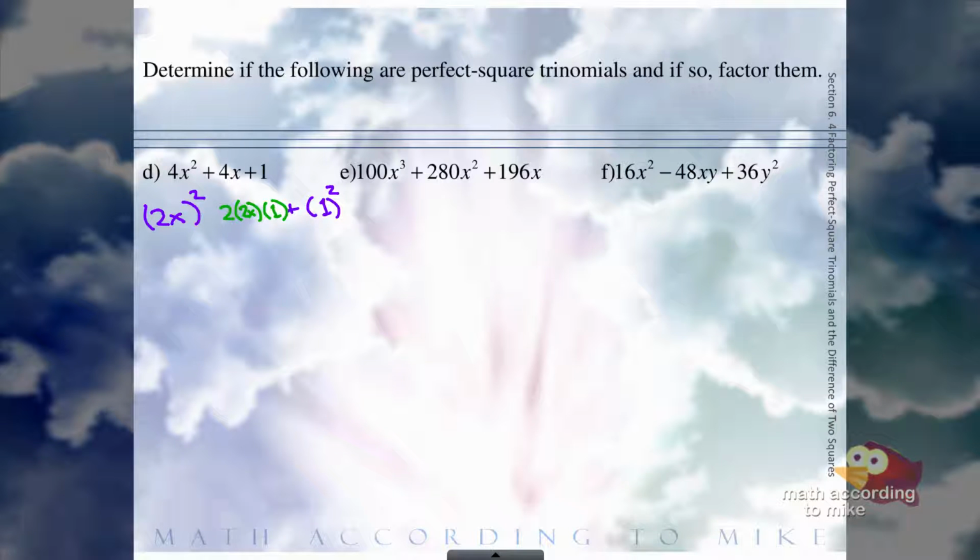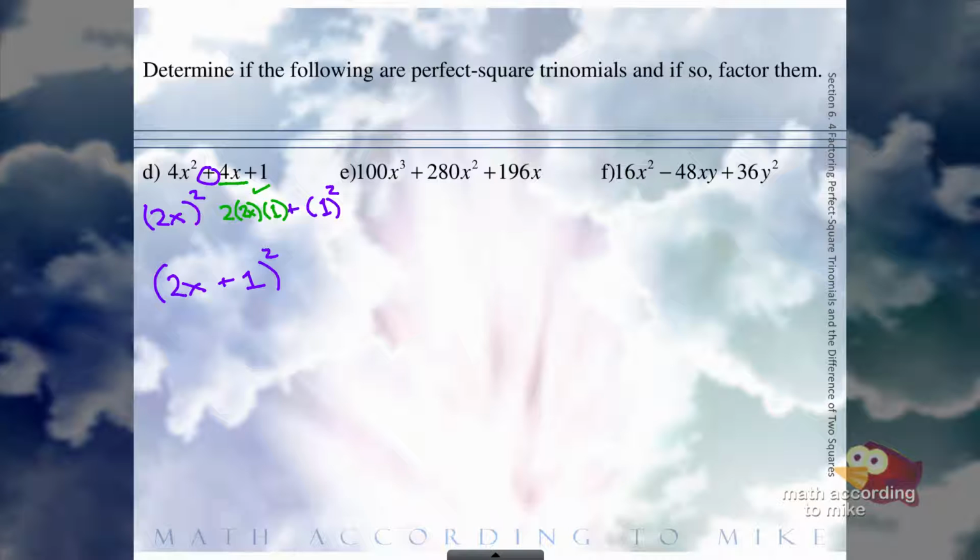Is 2 times 2x times 1 equal to 4x? Yes. So because of that, this factors as a, 2x, keep this sign, plus b, 1, quantity squared.